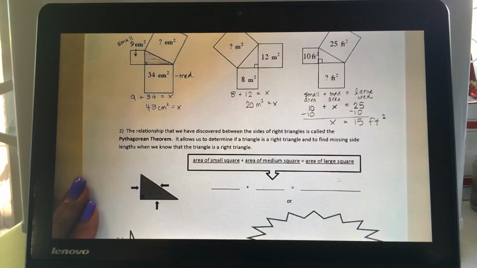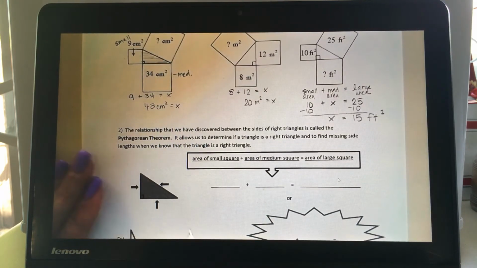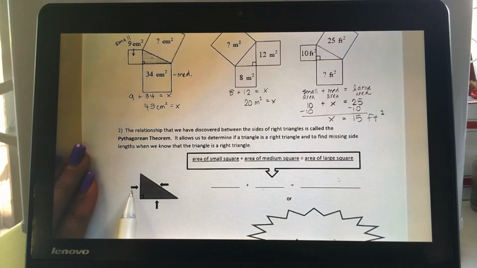And so if we have our small side, let's call this small side A, I guess.